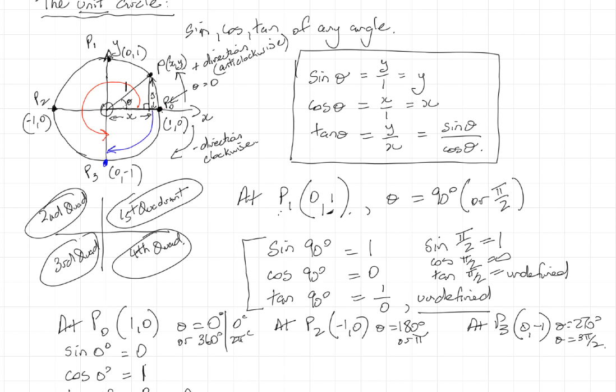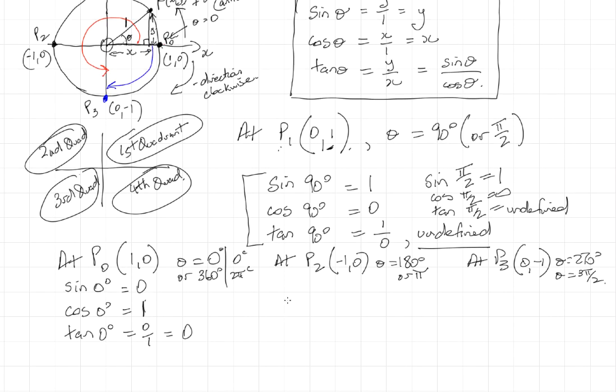So you will find that the sine of 270 degrees is exactly the same as the sine of -90 degrees, because 270 goes around to there and you get to P3, and -90, coming in the negative direction, gets you to the same spot.